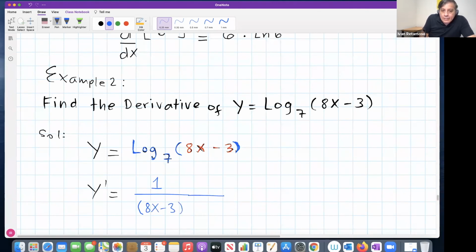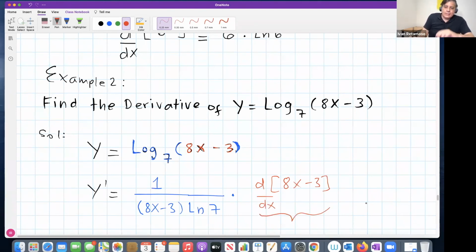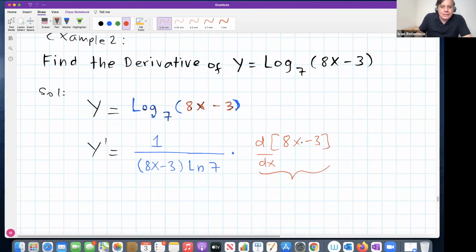But since we're not dealing with natural log, we're dealing with log base 7, here we have to attach this natural log of 7, times the derivative of 8x minus 3 with respect to x. And anyone in the chat could tell me what's this derivative? Derivative of 8x minus 3? 8. Yes, 8. Very good, guys. You are tuned. Just 8 because the derivative of 3 is 0.